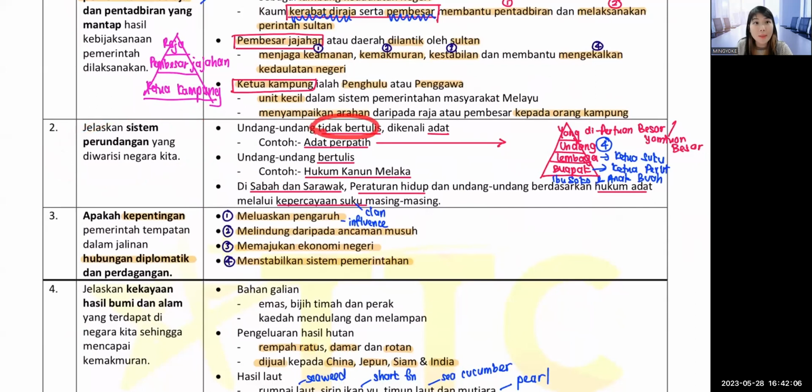We have undang-undang tidak bertulis and bertulis. Tidak bertulis one is also known as traditional law. Example, adat pepatih. Bertulis one is black and white written law, is hukum kanun Melaka. Understand? Okay, so under this case, in Sabah and Sarawak instead, what law do they have?